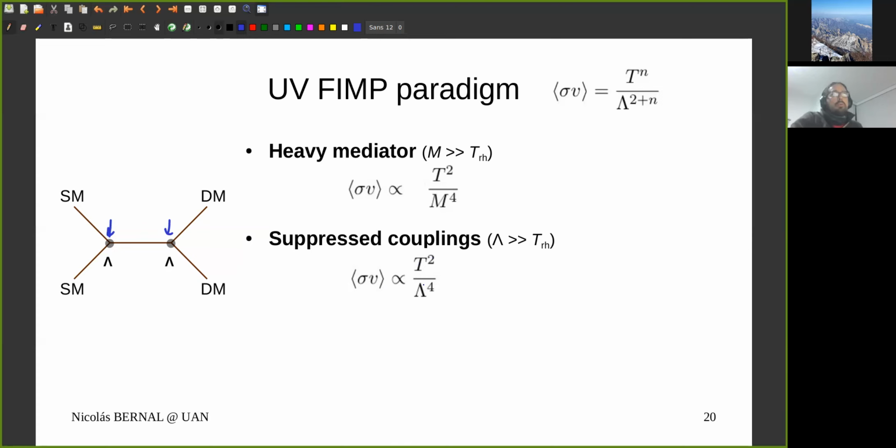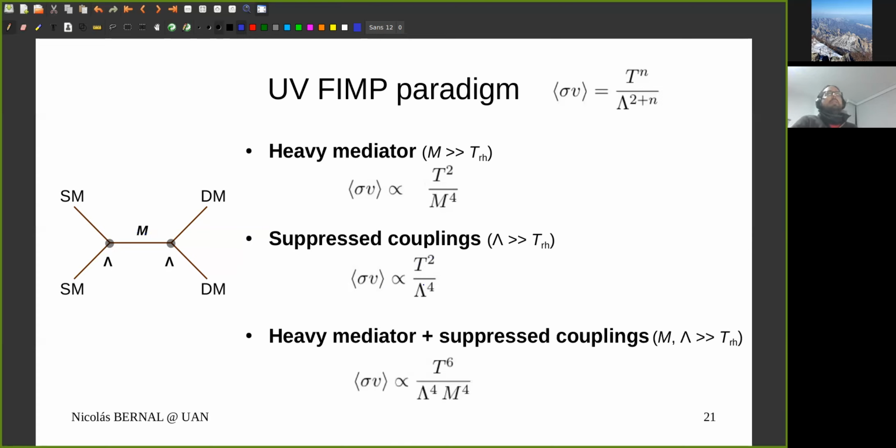Or another example is having both a heavy mediator and suppressed coupling, and in that case you will have something like T to the sixth over lambda to the fourth. In these three cases, you will naturally have the ultraviolet freezing production, meaning that the bulk of the dark matter is produced at T reheat, the highest temperature of the thermal bath.